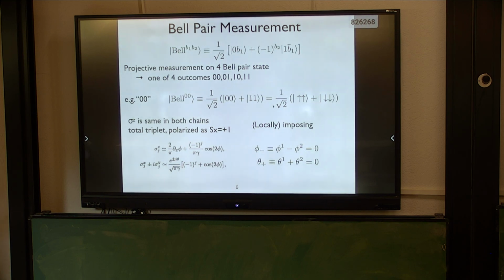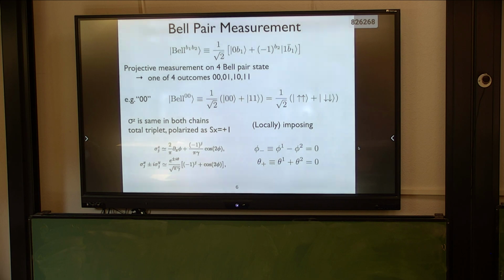So we can consider the total Sx in terms of this boson field. I skip the detailed analysis, but what we find is that this theta 1 plus theta 2, by the way, this theta is a dual field to phi, basically gives the total Sx.